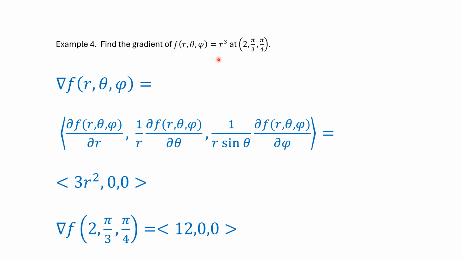The partial with respect to theta is 0. The partial with respect to phi is also 0. And so we would get 3r squared, 0, 0. And we can plug in a point and get a value. And this is very typical.